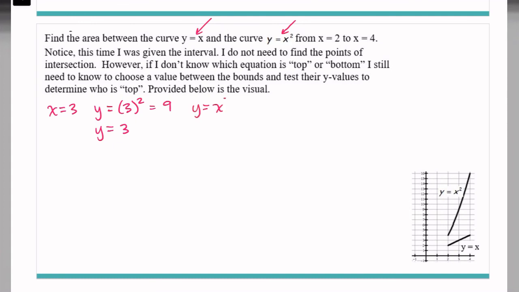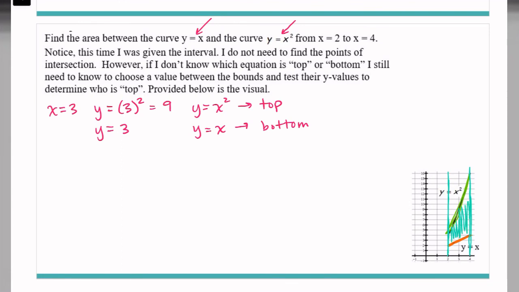So y equals x squared is going to be the top equation, and y equals x is going to be the bottom equation. I have this graph over here just so you can see it. This is what y equals x squared looks like, and this is what y equals x looks like. That is just there for the visual checkpoint. Normally, you would not be given that in this case. So we want to find that area between the graphs.